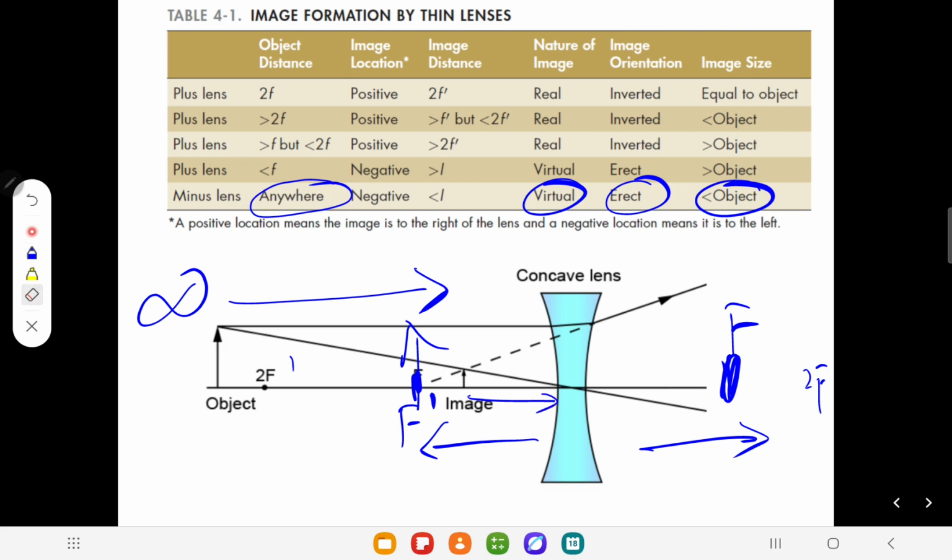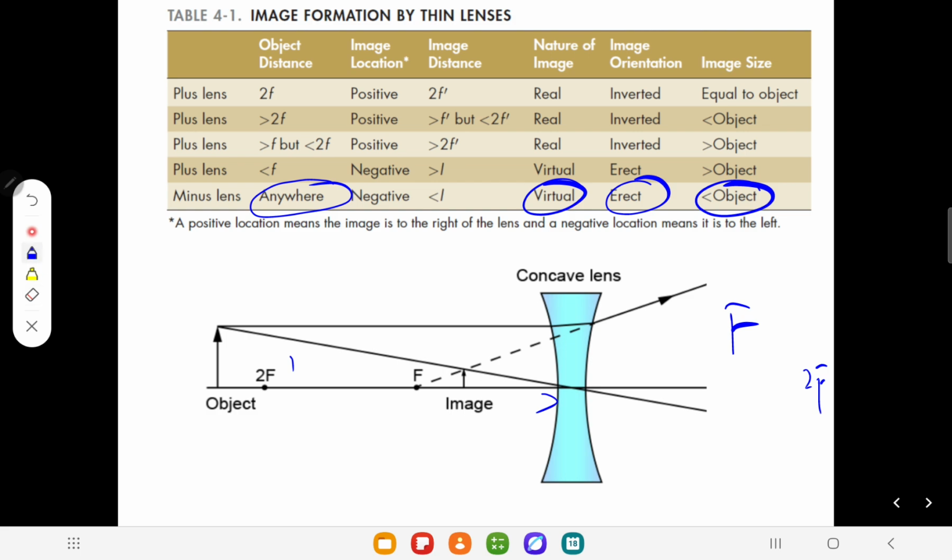What do I mean by that? If I put the object at infinity, the image in a minus lens will be at the secondary focal point. But if I move the object from infinity closer to the concave lens, the image will definitely move towards the lens. That's it.